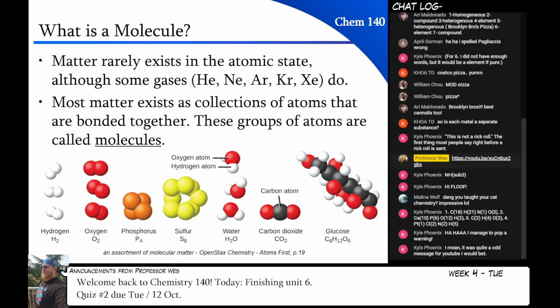Oxygen is depicted as red because fire, I guess. Oxygen is a necessary component of fire. I don't know why they chose yellow for... Oh, I know why they chose yellow for sulfur. Sulfur is yellow. Orange for phosphorus, not sure about that one, though. Carbon is black, typically, and that's because carbon typically exists as substances that we perceive as black.